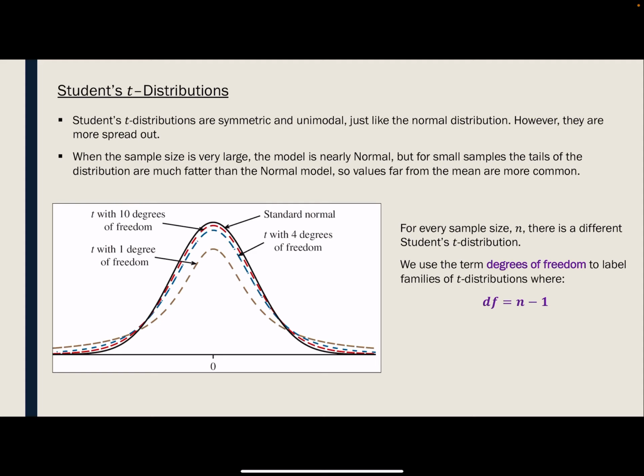So what you're seeing here is, if I look at this middle one, the height of this unimodal distribution is not as high as the normal curve in the middle, but you can see that on the ends, there's more space between the model and the x-axis, because there's a higher likelihood that the sample mean can be in these more extreme areas when you have a smaller sample size.